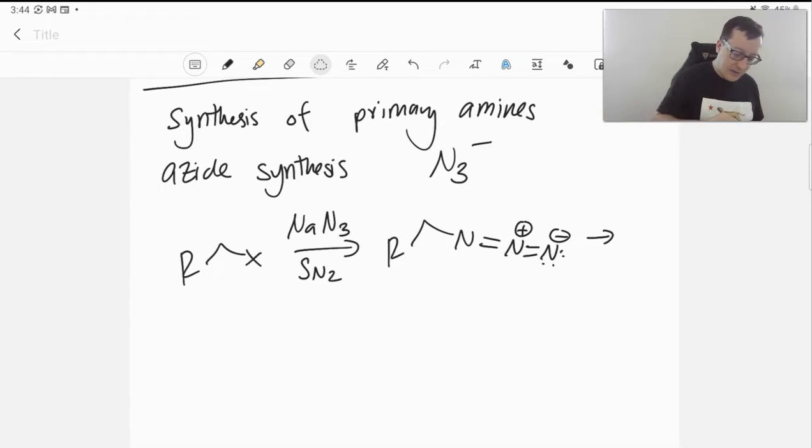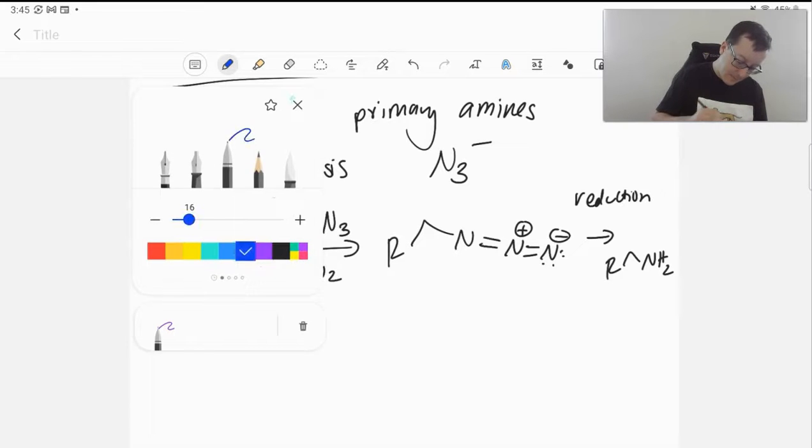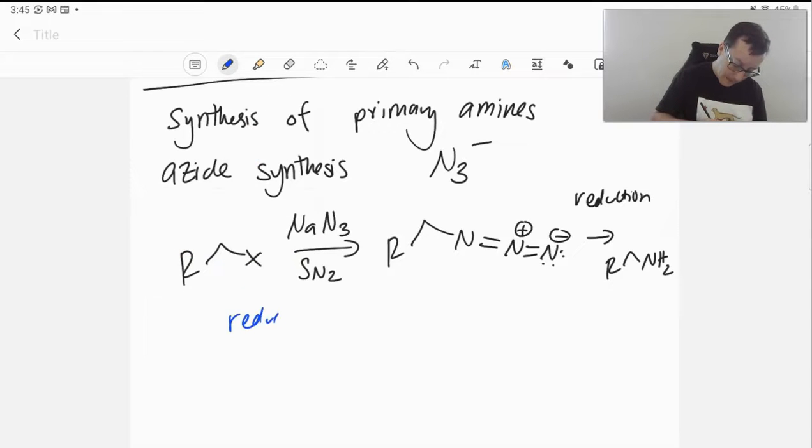We'll do an SN2 type reaction there, replacing our halide with the azide, and then we will do some sort of reduction, either using hydrogen or lithium aluminum hydride. We will get our amine out. We'll take a look at the mechanism here. The reduction steps here, again, you have a couple of options depending on what else is in your molecule.